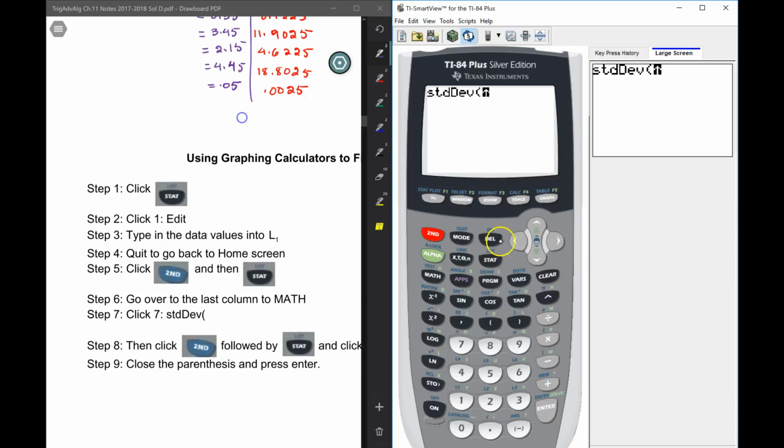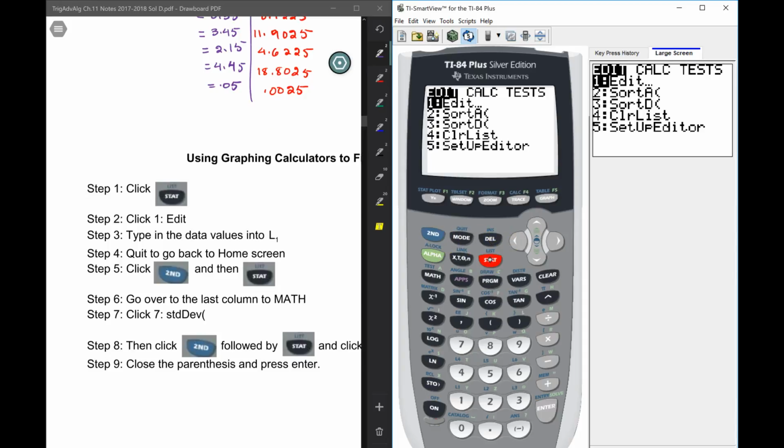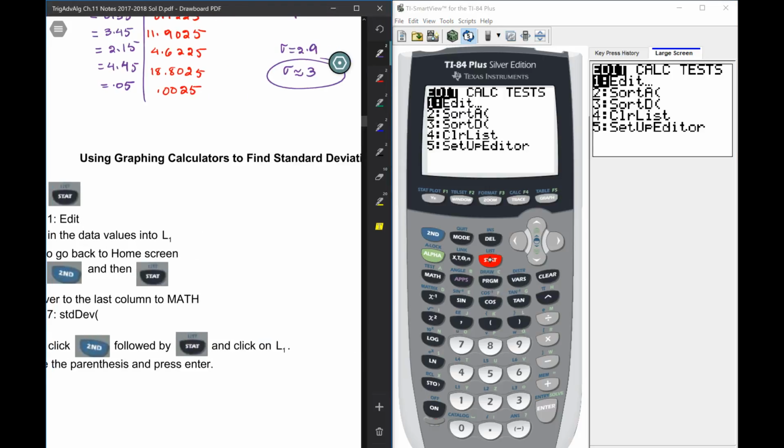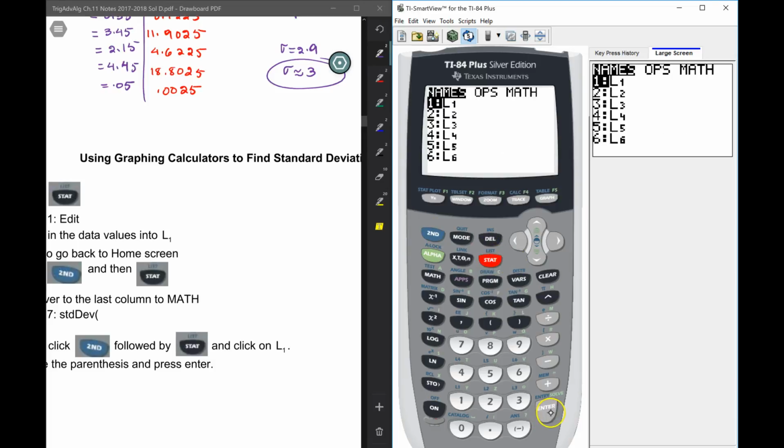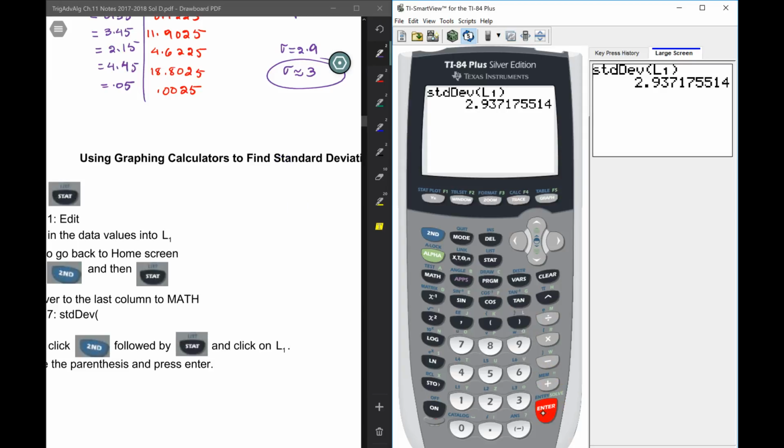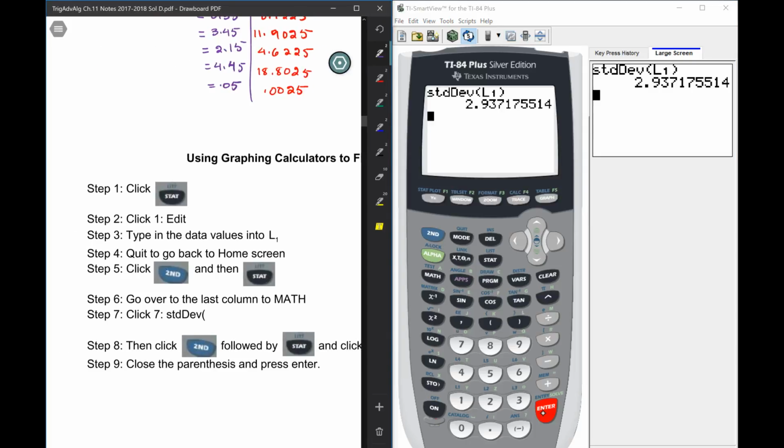Again, second stat. And we want L1. Same answer. Fantabulous. Okay? So, second mode. Second and the one right next to it.